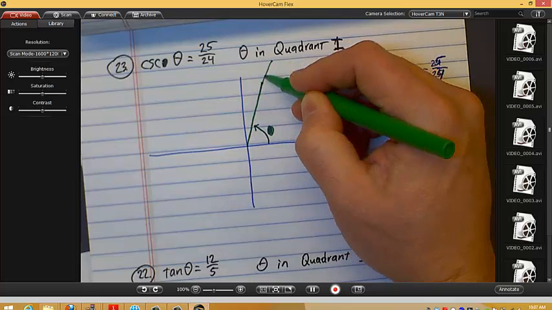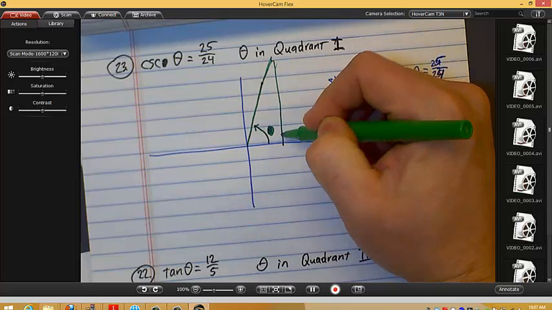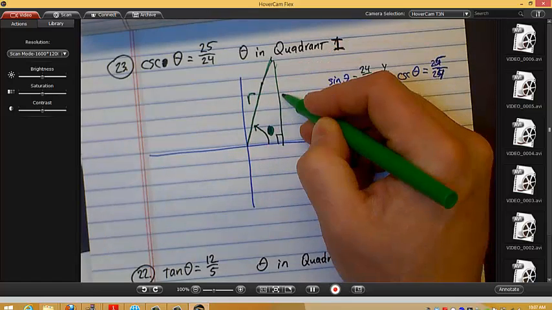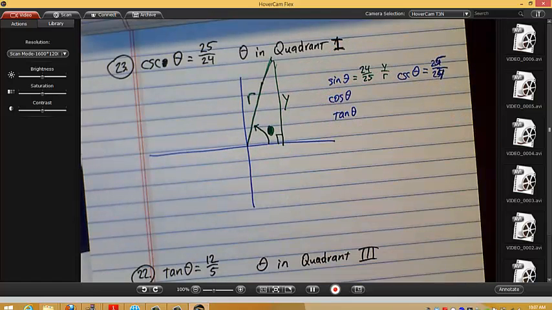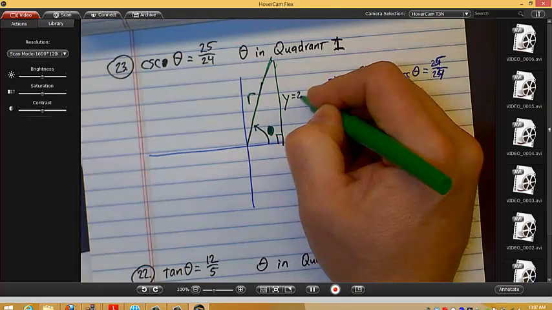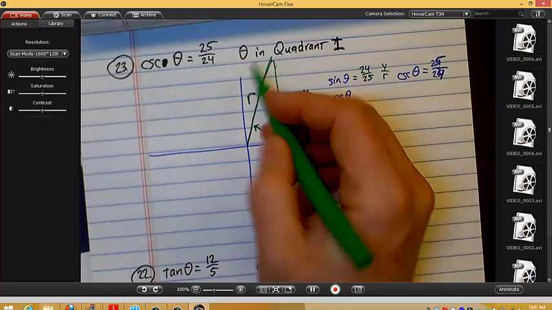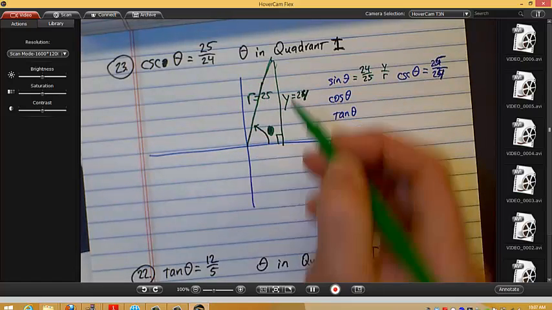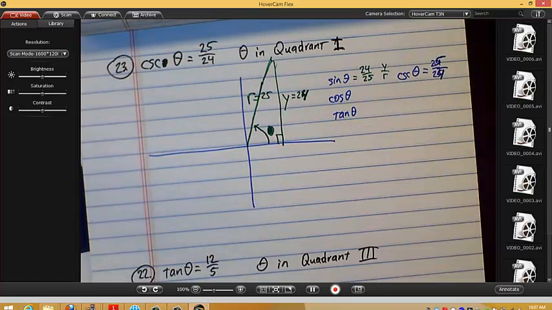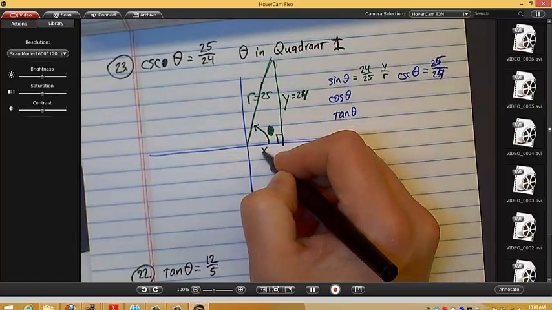I have my terminal side r, and y is almost as big as r, right? y equals 24, and r is 25. That was kind of given to me, because they gave me the cosecant, which then immediately gives me the sine. Okay? And now if you remember your geometry, you probably know what this x value is.